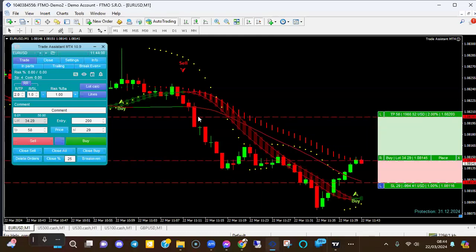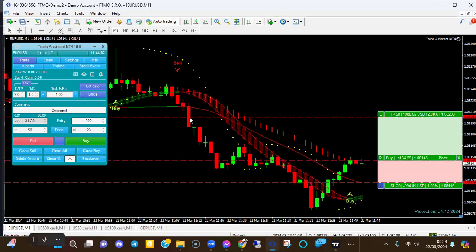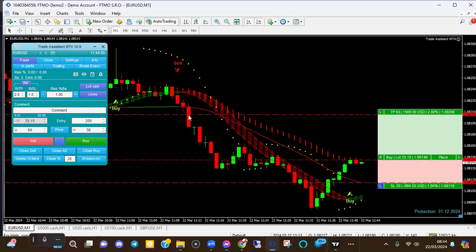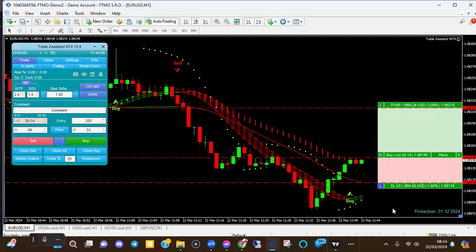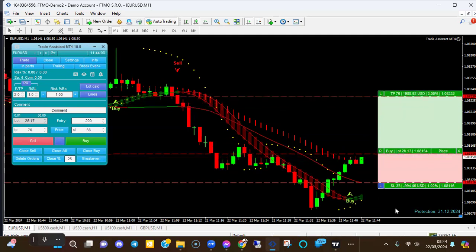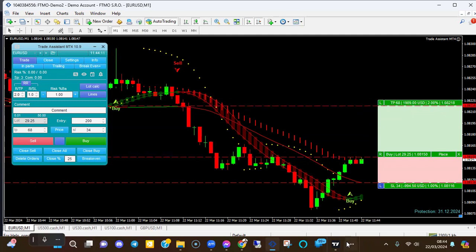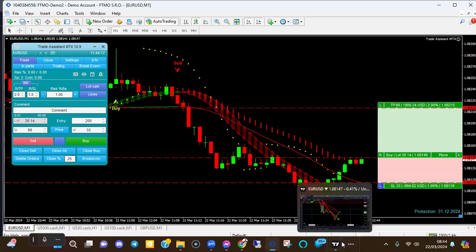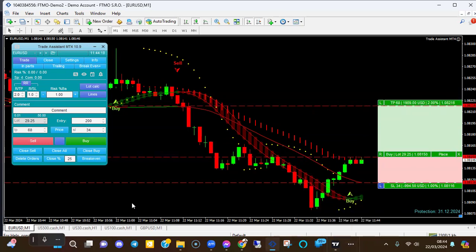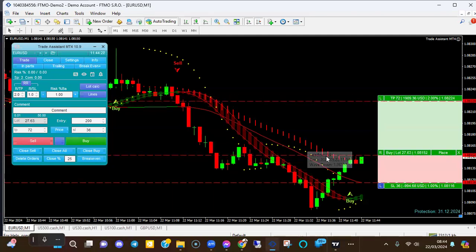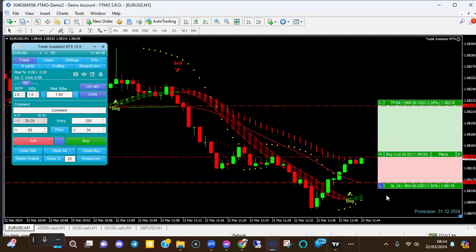Noting that just up here we have imbalance that needs to be filled. So that's in our favor as well. So we're waiting for the wave to turn green, the trend line to turn green.